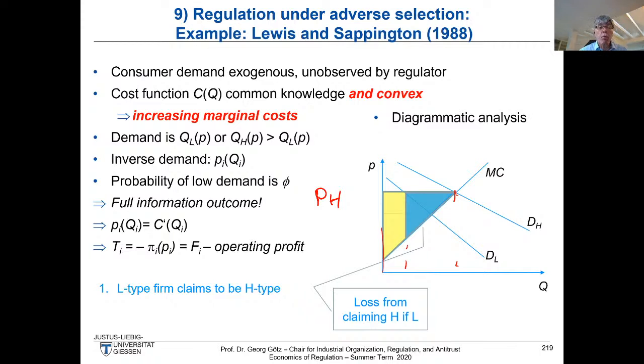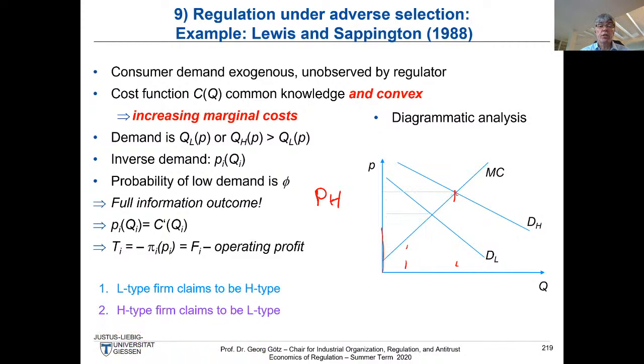So the point is, our low type does not have an incentive to claim to be a high type because it would make a loss, given the regulator offers the full information contracts. Okay, hopefully this was clear.